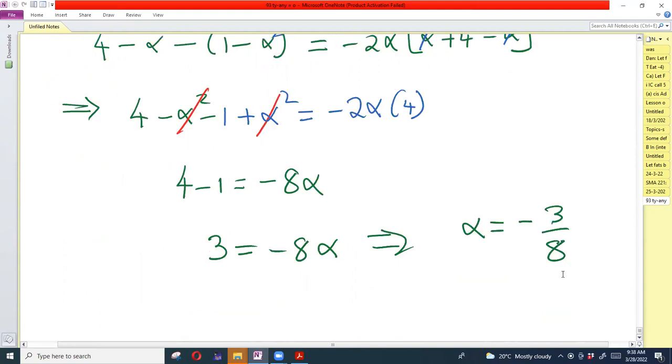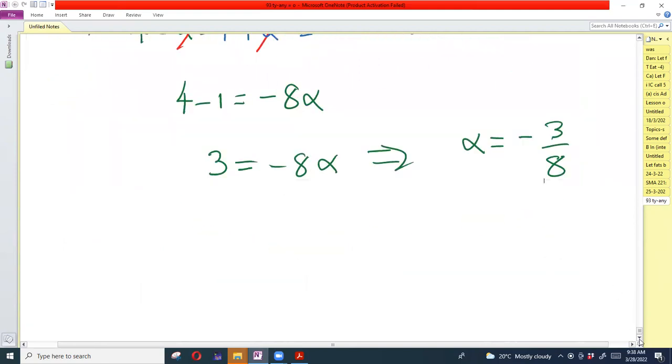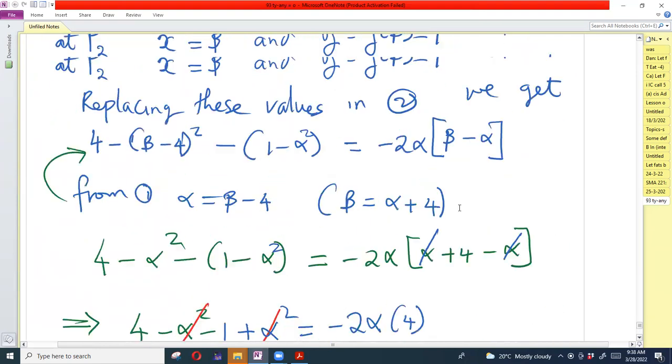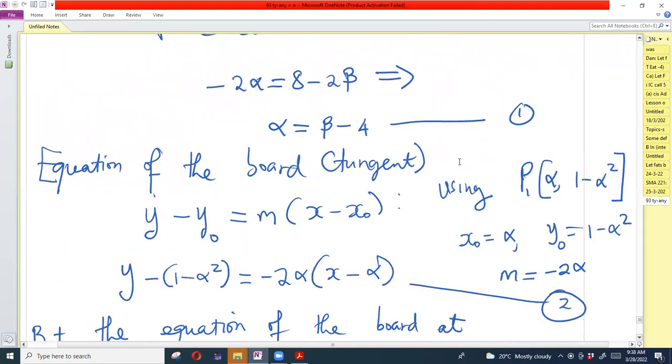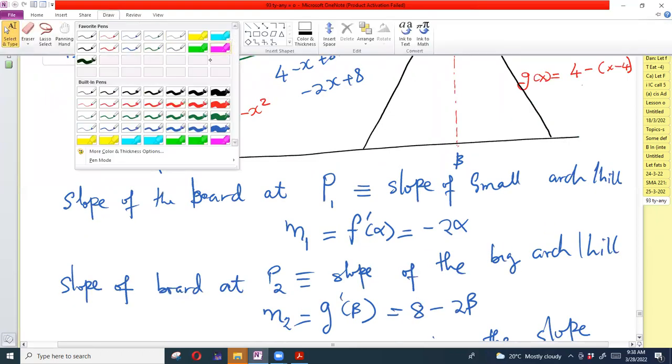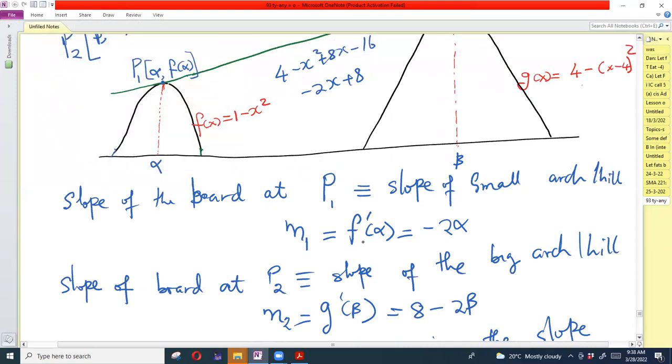And the question was asking to find the slope of the board. So which means the slope of the board is, I remember from where we started, the slope using P1 was given by minus 2 alpha.